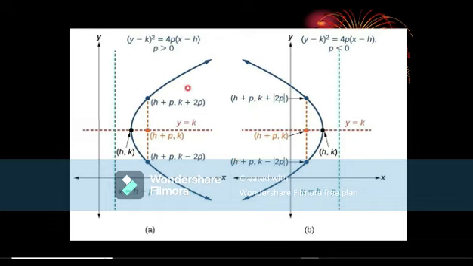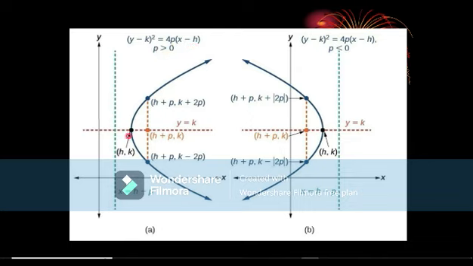So considering you have this orientation of the parabola that opens to the right and to the left, of course the axis of symmetry is horizontal, y = k. So we're going to focus our attention now. This has a standard form of (y − k)² = 4p(x − h), where p is greater than 0.